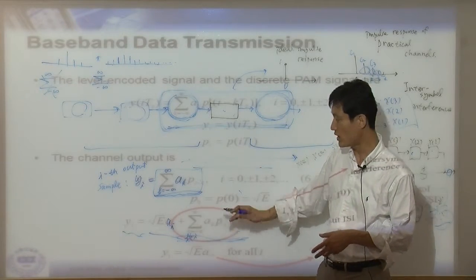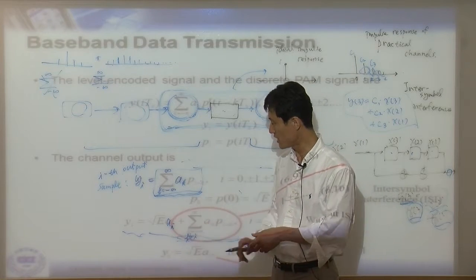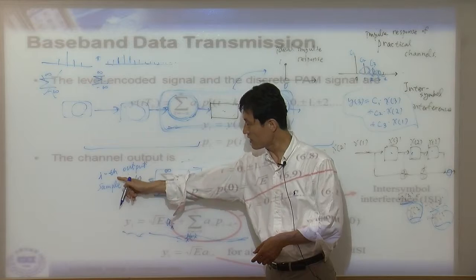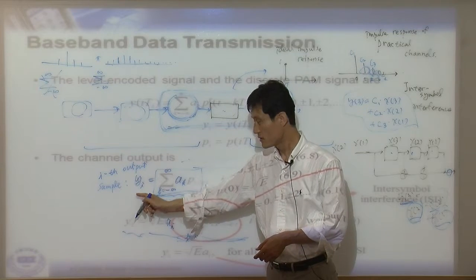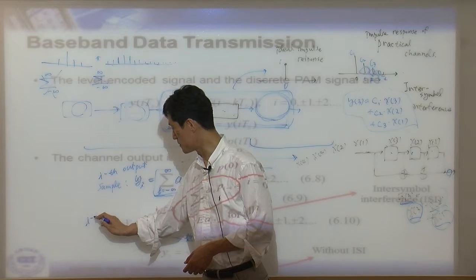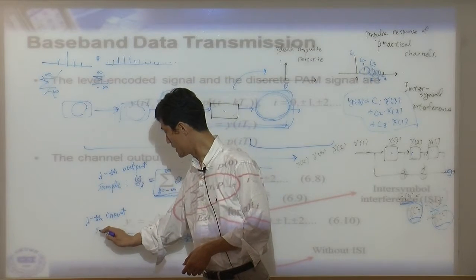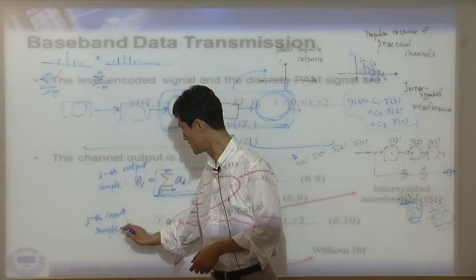And the reason that we want to separate the a_i component is that we are looking at the ith sample, right? So what is a_i? a_i is the ith input sample. Ith input sample, that's a_i.